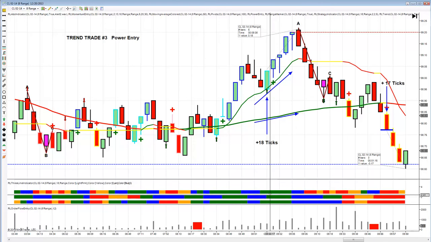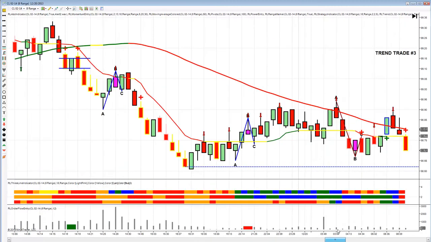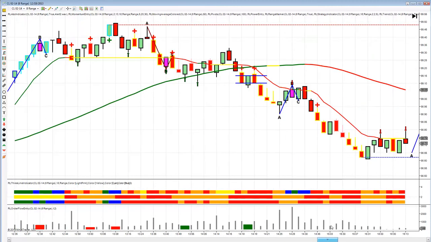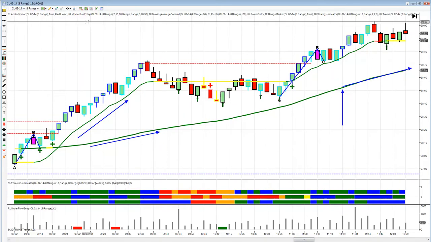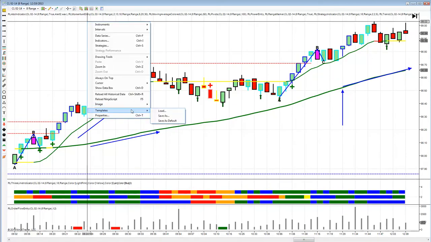Now let's look at our last trend trade. And I may have to reload my template because this happens occasionally.